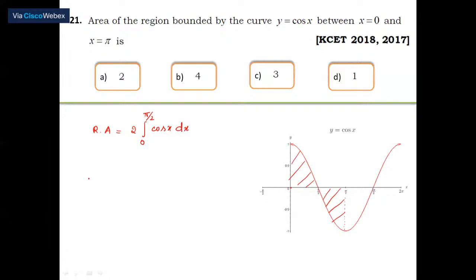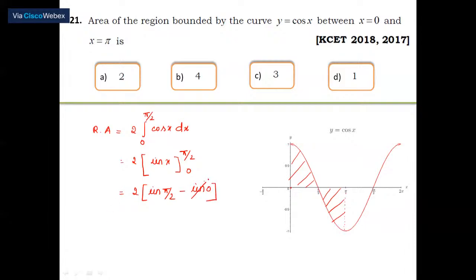Very good, Saujanya. Your answer is correct. It's 2 times integration of cos is sine between the limits 0 to pi by 2, and that is 2 times, for the upper limit pi by 2 it's sine pi by 2, and for lower limit 0 it is sine 0.